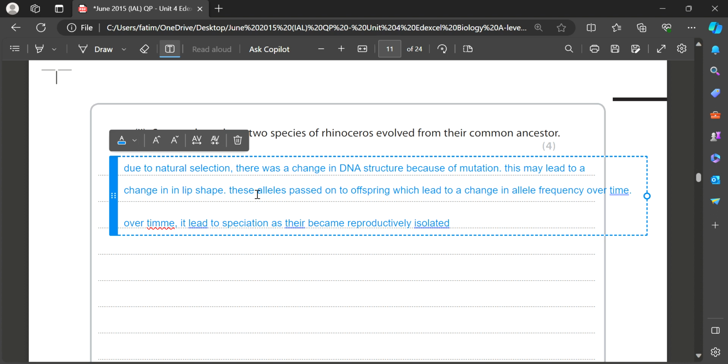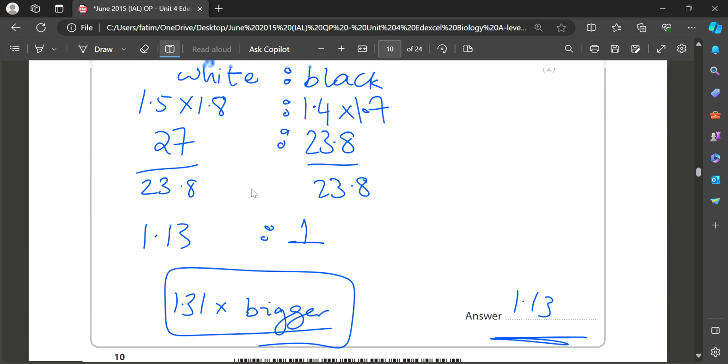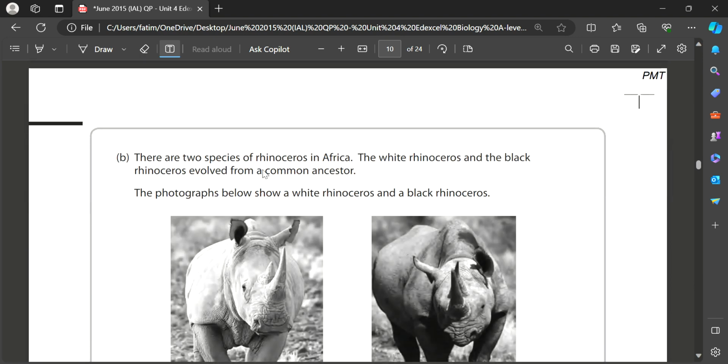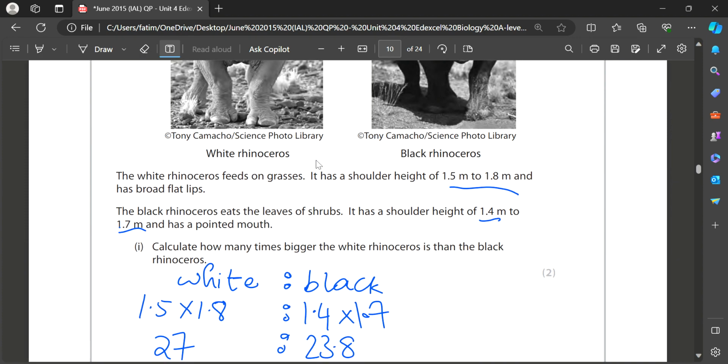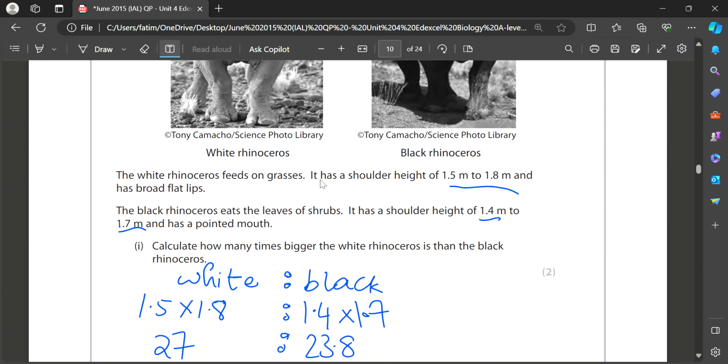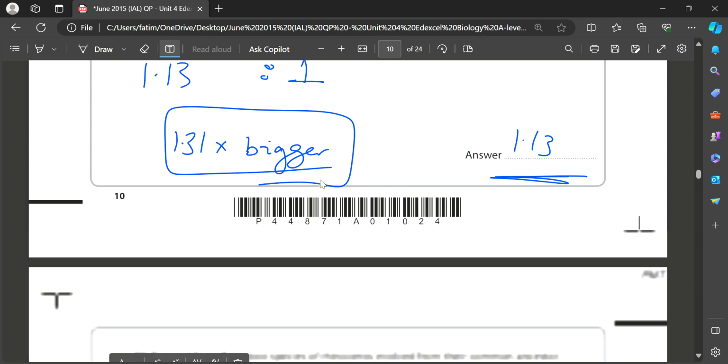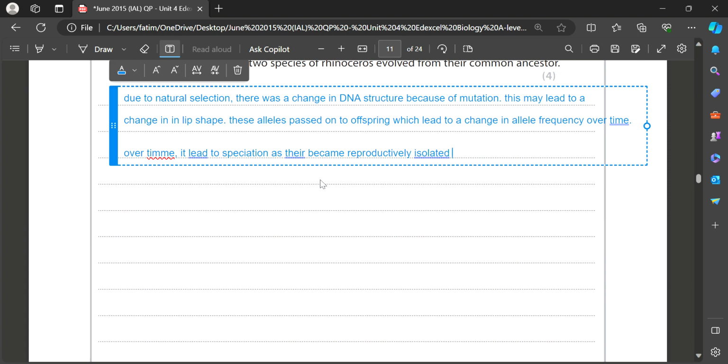Because there's only two types of speciation that we know, which are sympatric and allopatric. Allopatric is geographical, and over here they're living in the same place. They're both in Africa. They didn't mention that they're in different places, so it would be hard for me to assume that there was allopatric speciation.